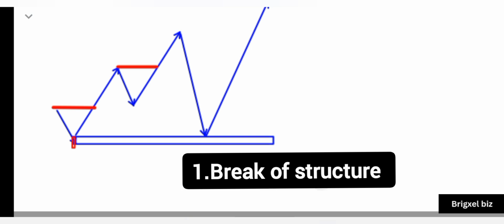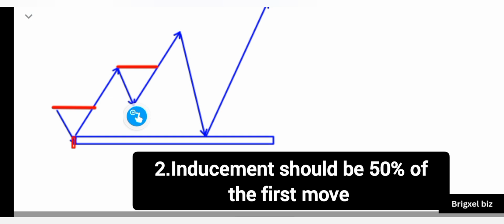Can you see how we're incorporating it with market structure? Second, I would expect this pullback not to be too far away from this point of interest. It must not be too far away. In fact, the pullback should be about 50% of this initial move. That would be fine for me. These are things I look out for.